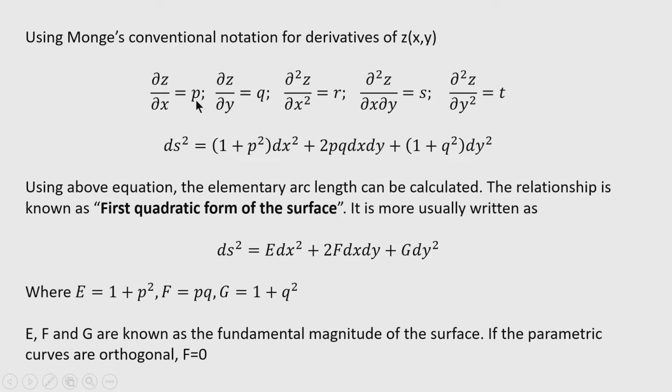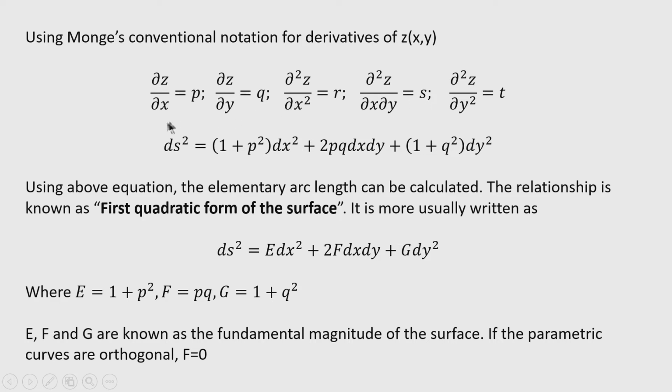So, del z by del x as p, del z by del y the slope of the curve along the y direction as q, and this is the curvature of the curved line, that is del square z by del x square, and it is denoted by r, and curvature along the y direction del square z by del y square is denoted by t, and del square z by del x del y, it is the twist curvature, that is denoted by s. Okay.